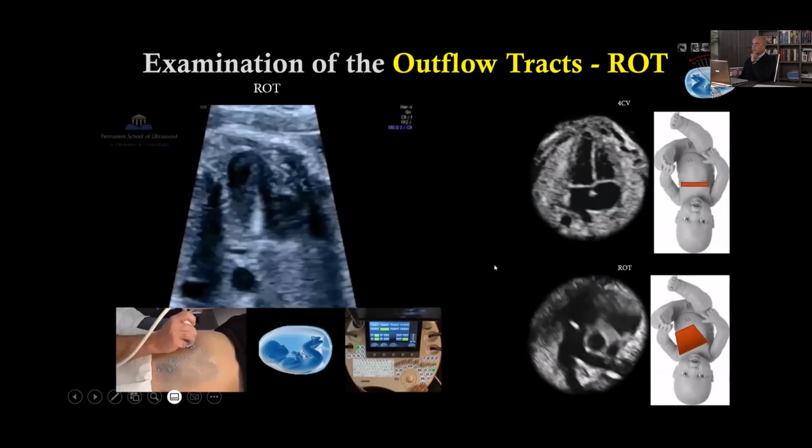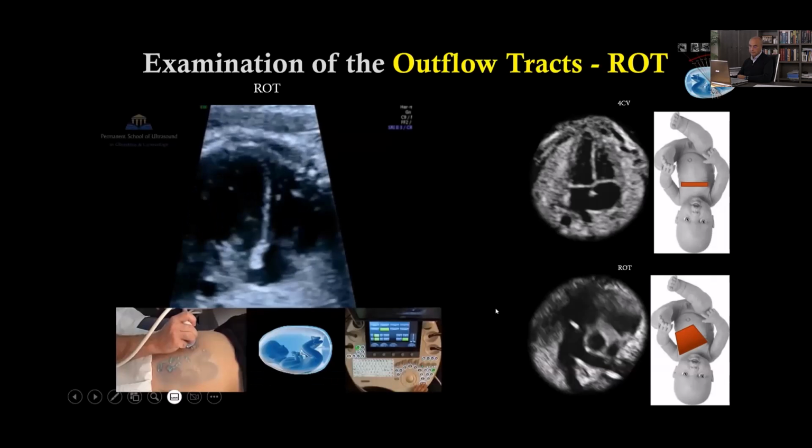What about the right outflow tract? From the same position, because we know how to get the four-chamber view, you can see here we have to tilt the transducer a little bit more than before for the left outflow tract, but in this case we have to rotate a little bit the ultrasound beam to the left shoulder. I will show you here the movement.